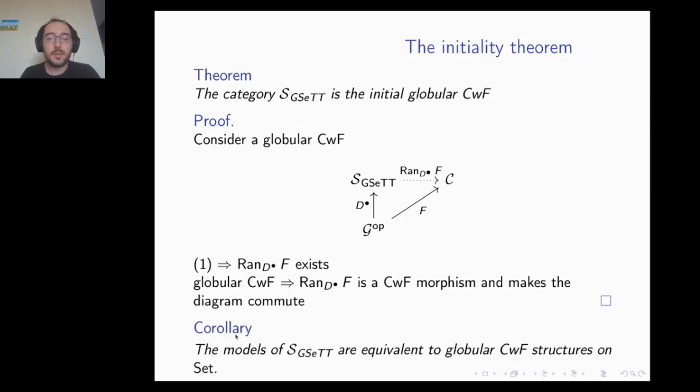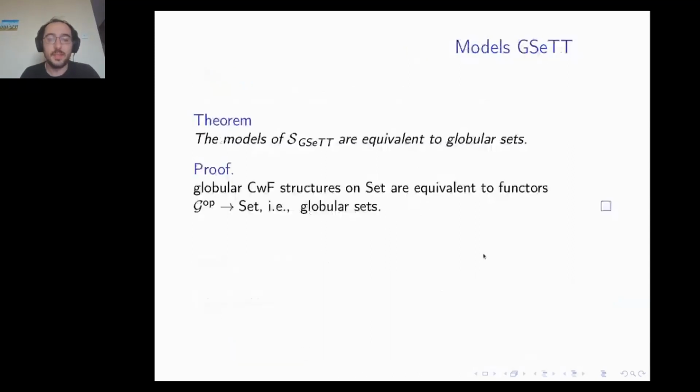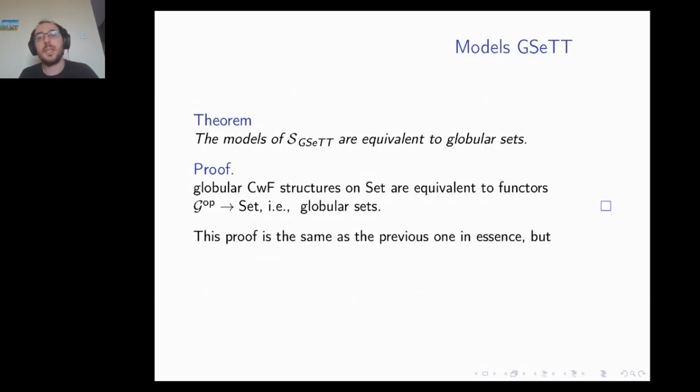And so the corollary is that the models of the syntactic category are the same as the CWF structures on Set. And now the CWF structures on Set are equivalent to globular sets. This I'll not prove because there's no time, but it's really straightforward. There's no problem here. And this proof is the same as the bad proof, but it's the good proof.